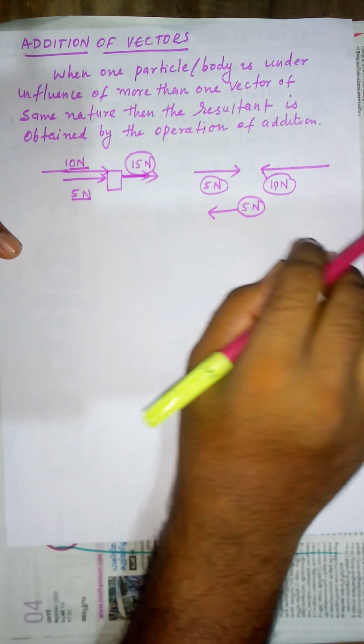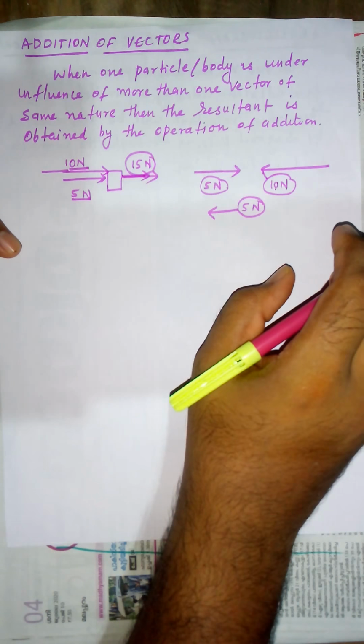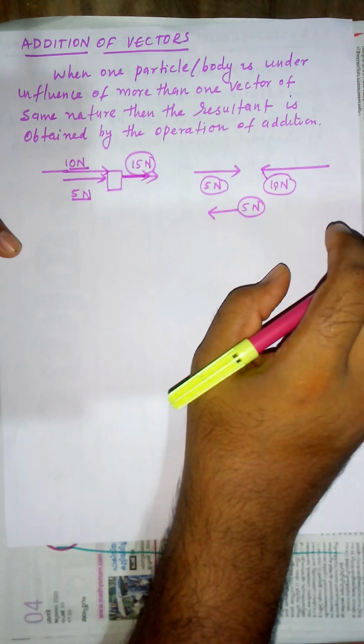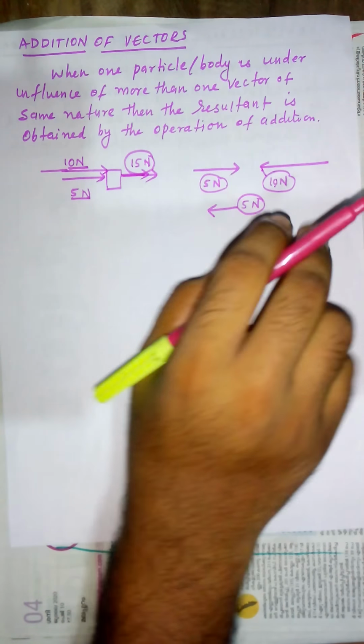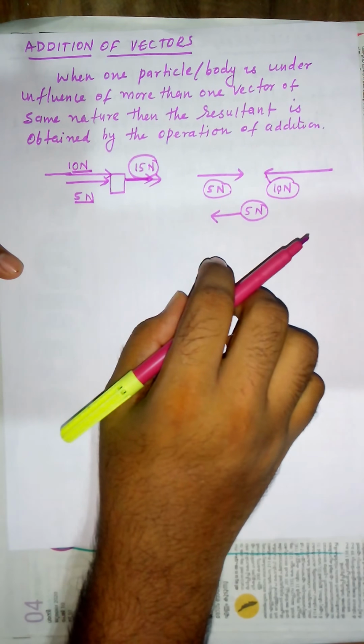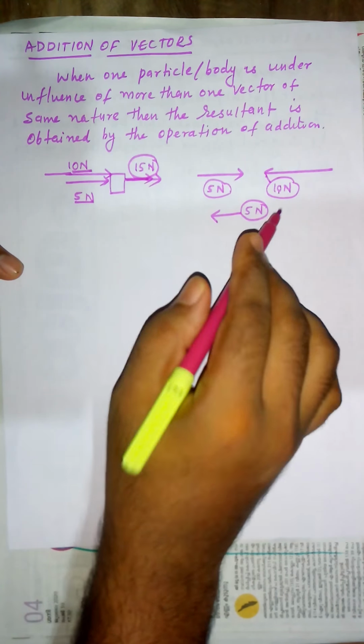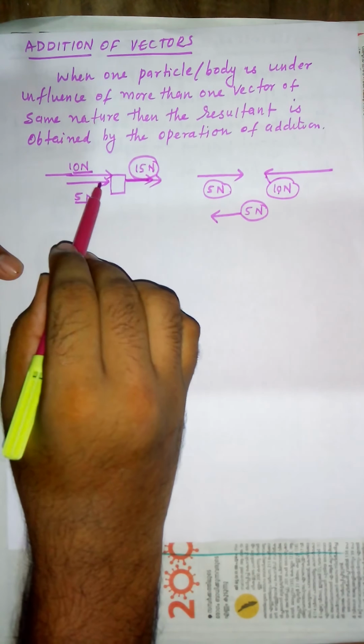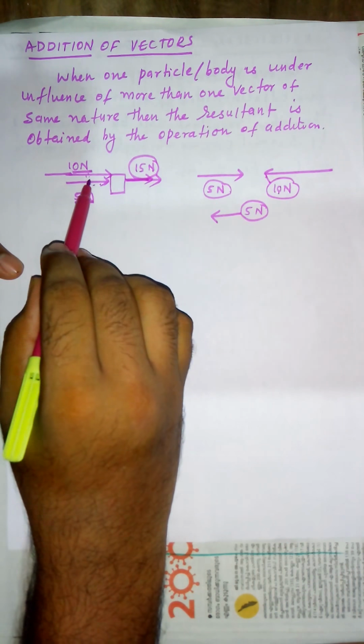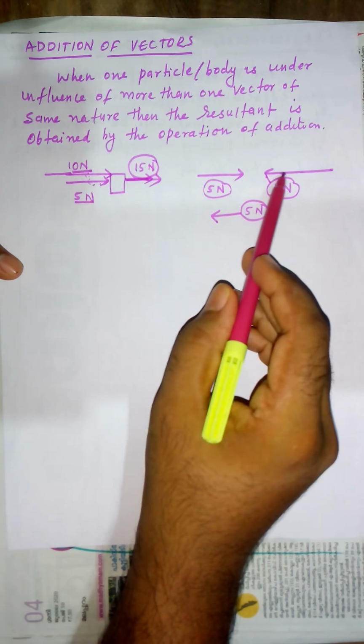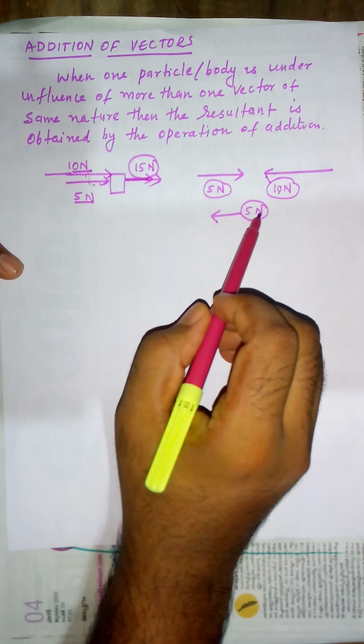Okay, and there are some other cases, like two vectors not coming in the same direction or in the opposite direction. Both of the vectors are making an angle other than 0 and 180. In this case, both of the vectors are making an angle 0, right? And in this case, both of the vectors are making an angle 180, right?